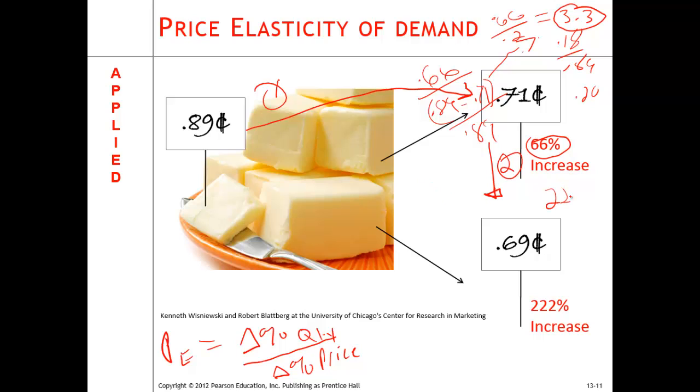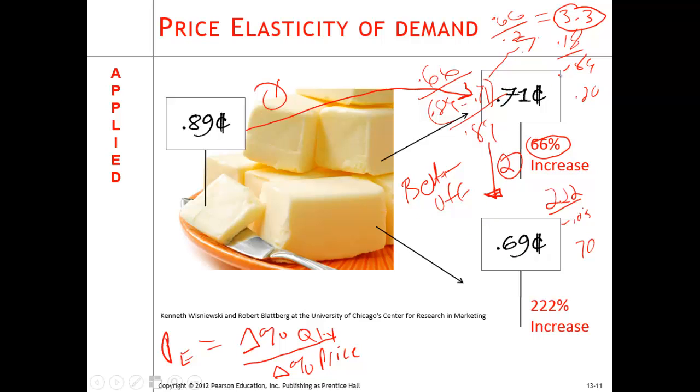In this instance, we'd have 2.22 divided by minus 0.03, which gives us a price elasticity somewhere around 70. In this instance, the manufacturer of the margarine would have been better off lowering price, because the increased sales more than offset the lost revenue per unit.